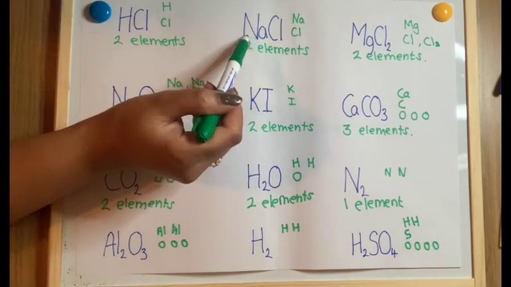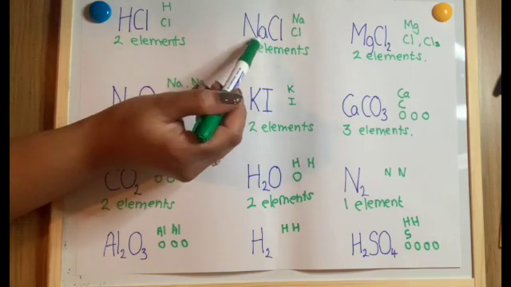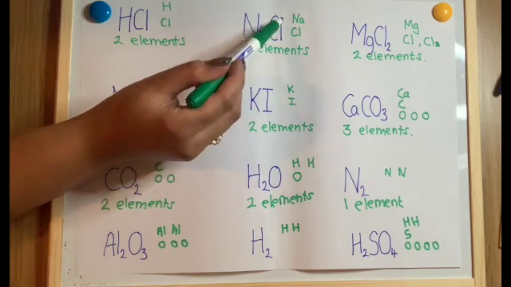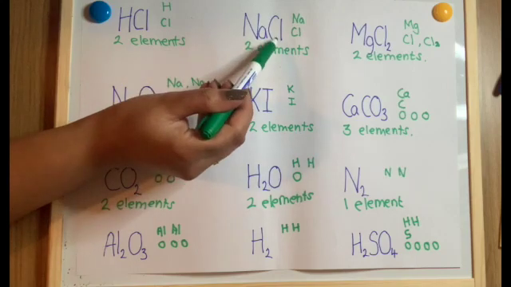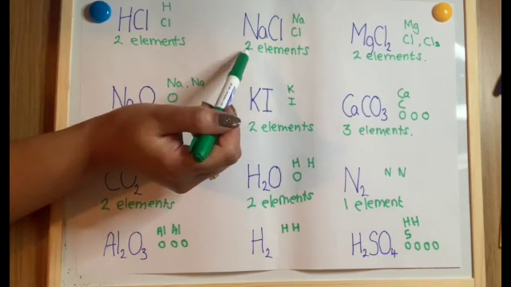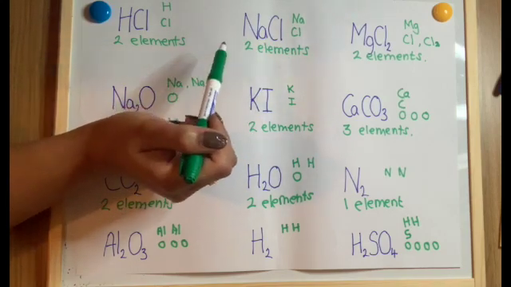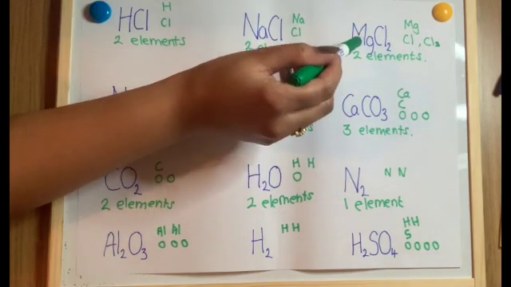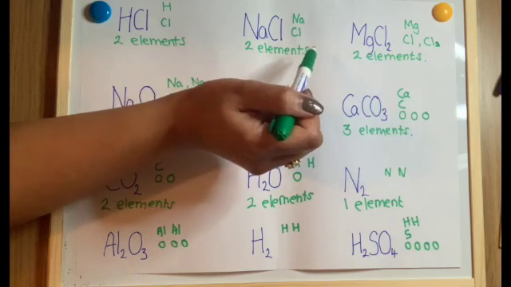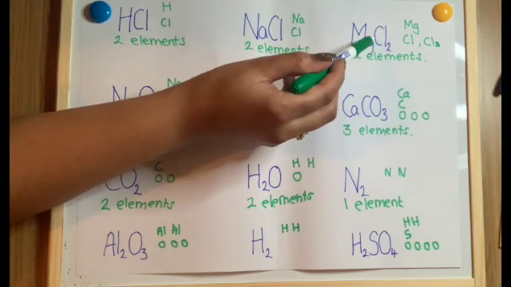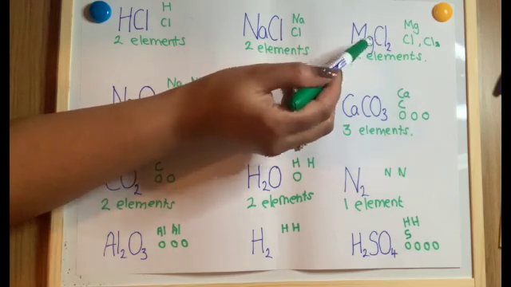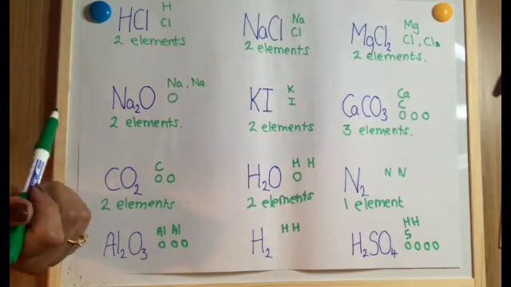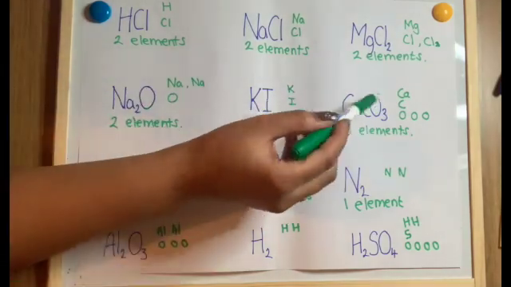I've got N as a capital, the a goes with it. C as a capital, the l goes with it. So here I've got 2 capital letters, 2 elements, because every element begins with a capital letter. Capital M, g goes with it because it's lowercase, and again capital C, lowercase l, so 2 capitals and 2 elements there.